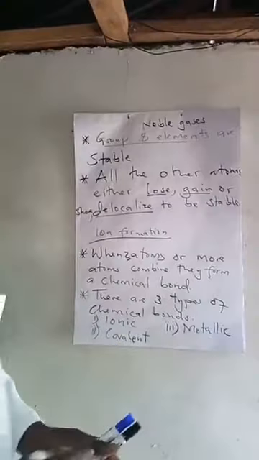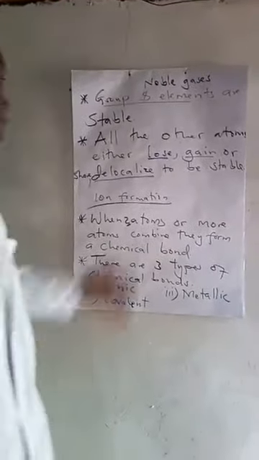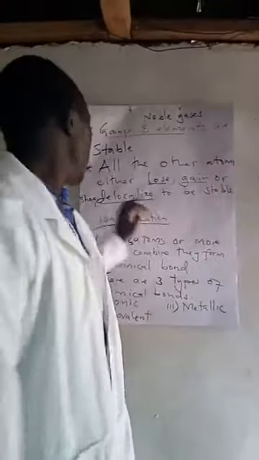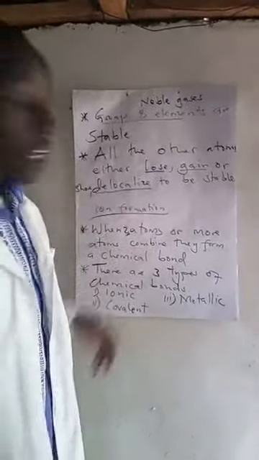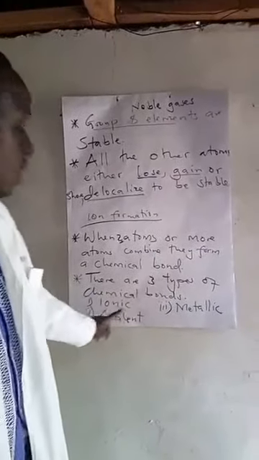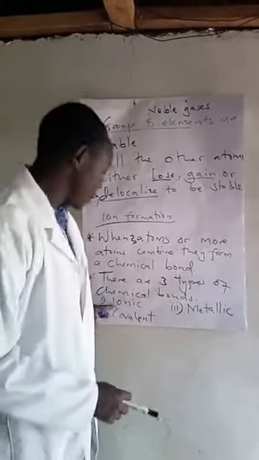So there are 3 types of chemical bonds, depending on whether atoms lose or gain or share or delocalize the electrons. Let us begin with ionic bond.